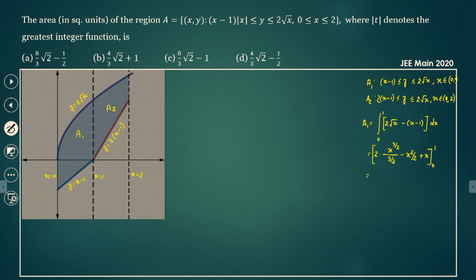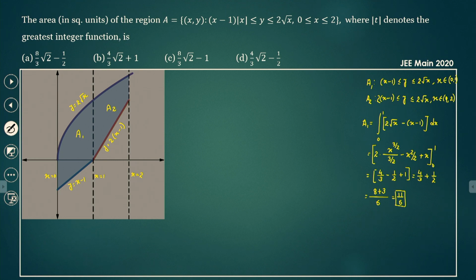So A1 is 4 by 3 minus 1 by 2 plus 1, which gives 4 by 3 plus half. The LCM is 6, so we get 8 plus 3, which is 11 divided by 6. That's the area A1.